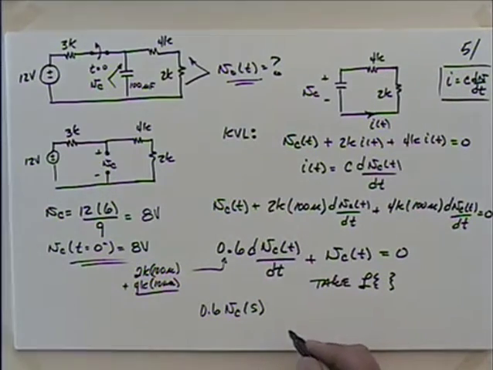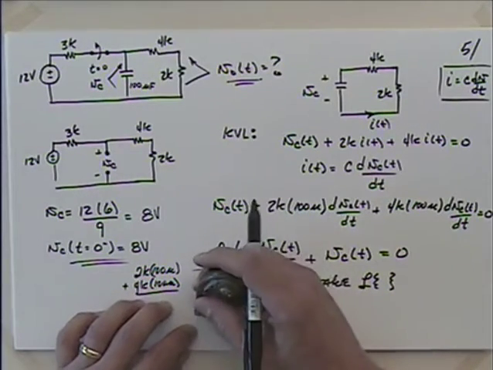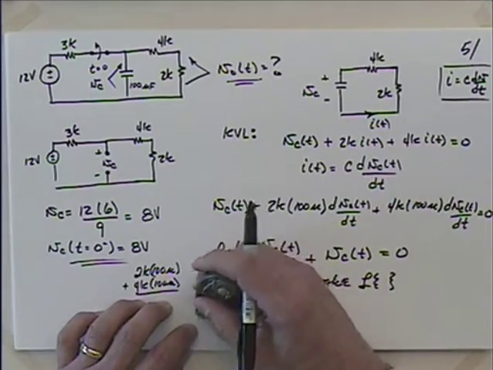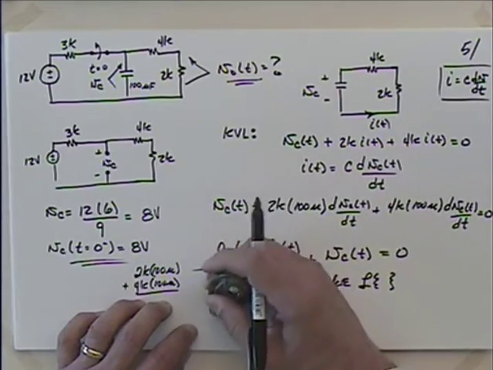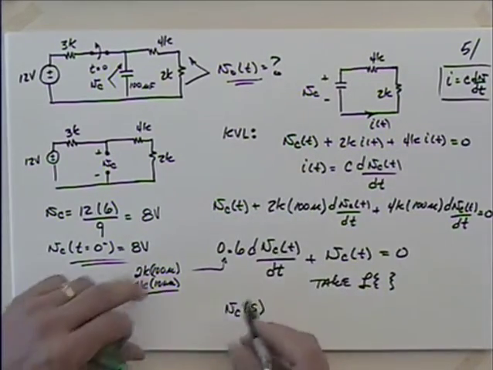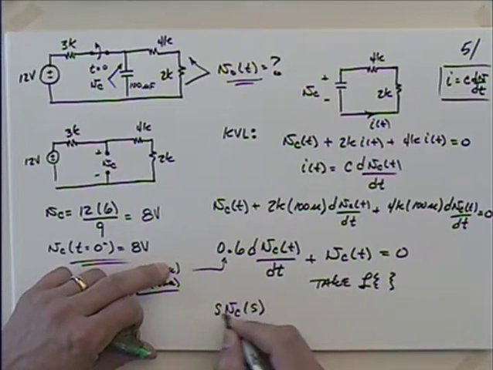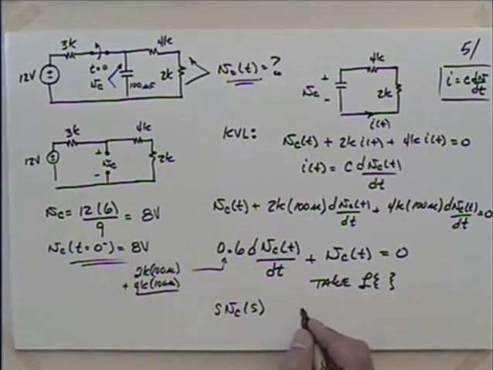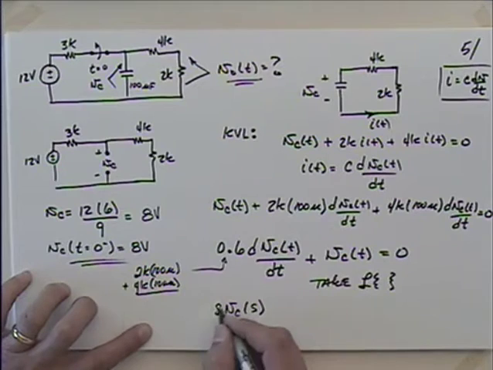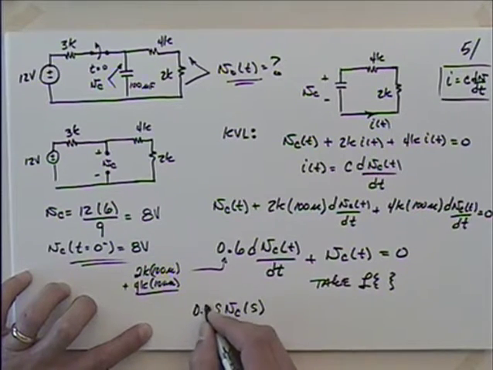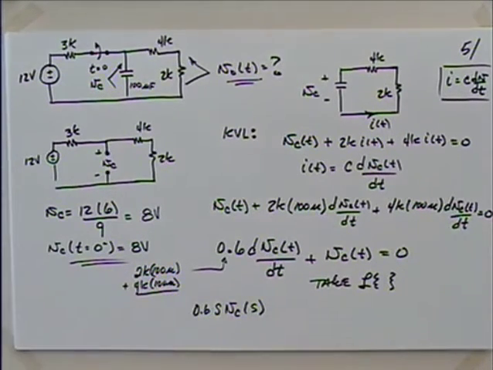I'm missing an s in there, aren't I? You have to multiply it by s. There we go. I'm using the one for a constant and for differentiation.